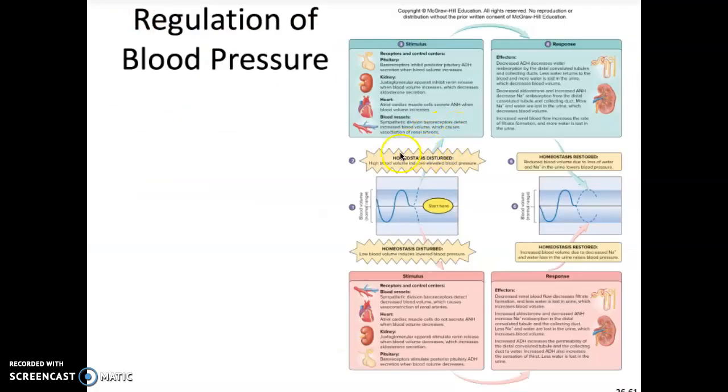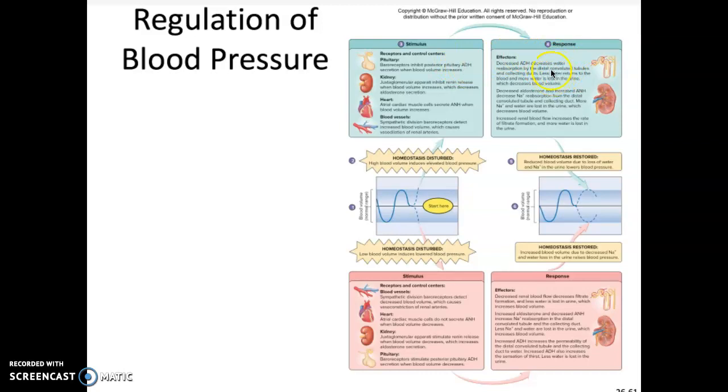If we have hypertension, if we have high blood volume and elevated pressure, then we're going to have several mechanisms in order to get back to normality. It's going to be a homeostatic mechanism. One of them is going to be decreasing the ADH, the antidiuretic hormone production, in order to decrease the water reabsorption.